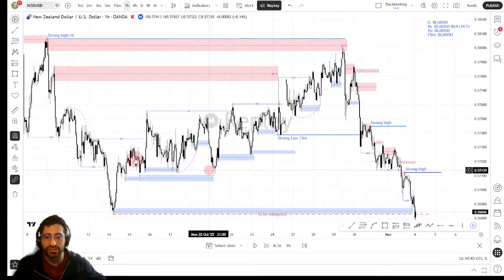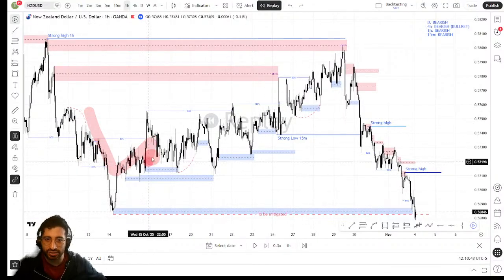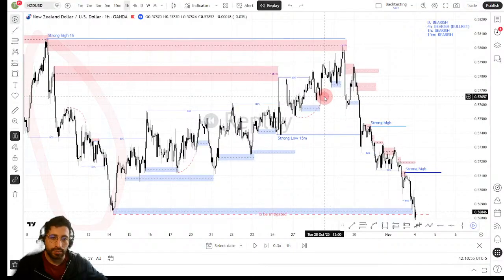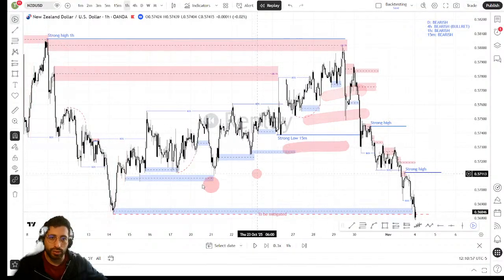Oh yeah, inner structure. All of this is just inner structure, right? Because it's in this range, right? So that's why we sometimes get so biased and we lose accounts, because we don't know the real direction.